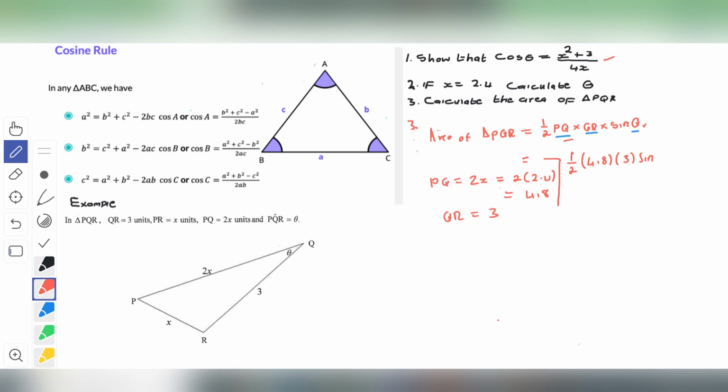We calculated our theta and we found that it was 24.15, if you still remember, right? And then we'll find that our answer is going to be 2.95. Because it's an area and we are not given the SI units, we can use units squared. Therefore we are done solving those questions.